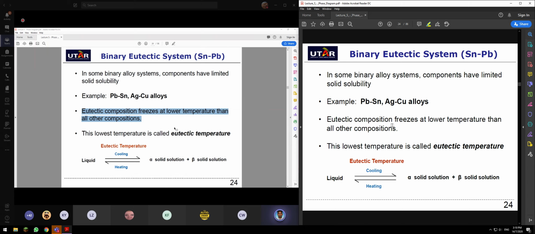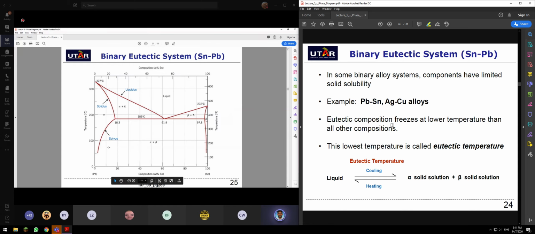Okay, let me show you. This we call the invariant point. So this is your eutectic temperature at these lines.